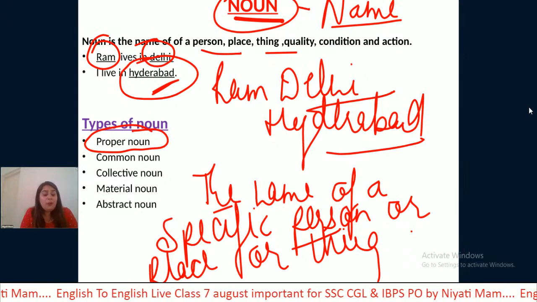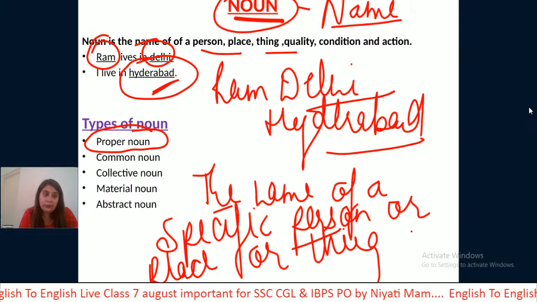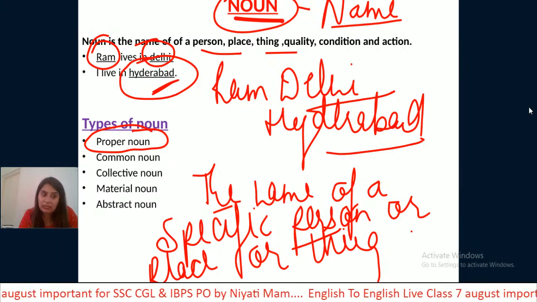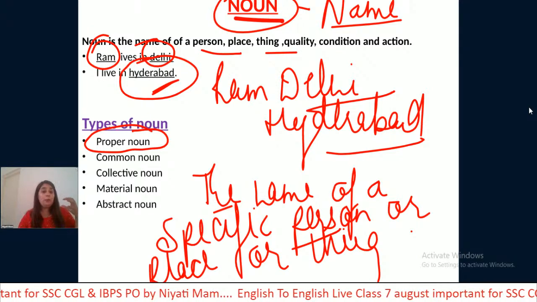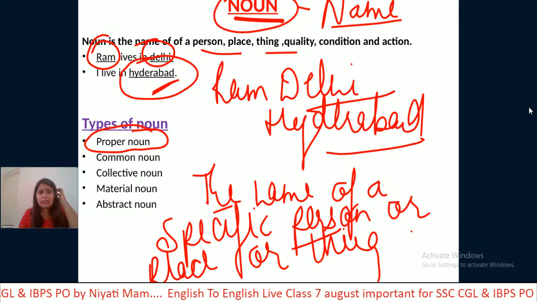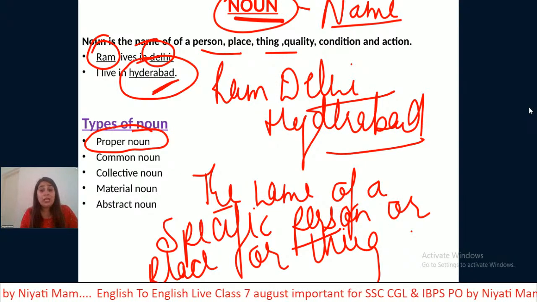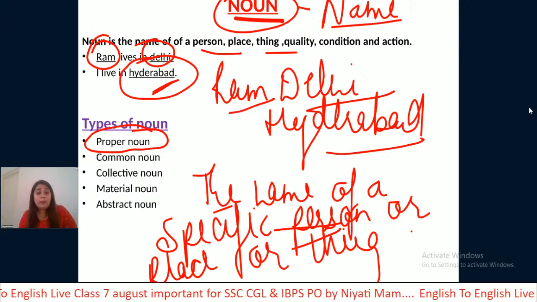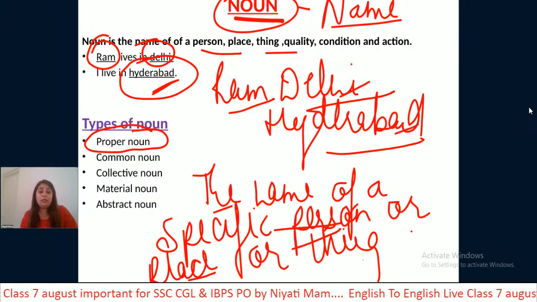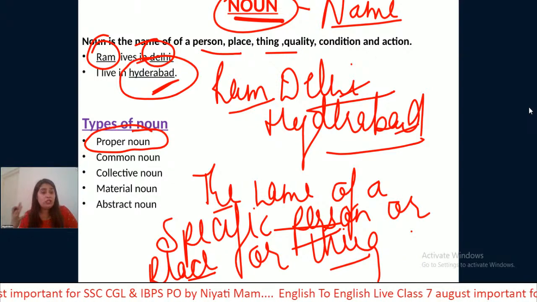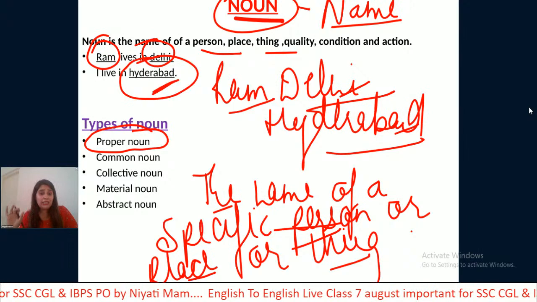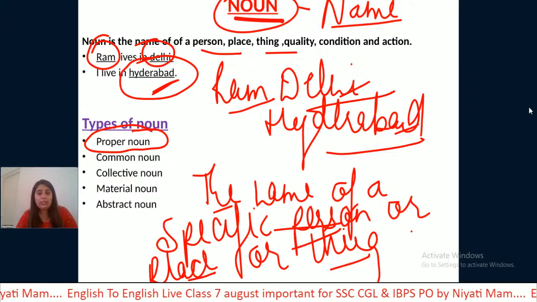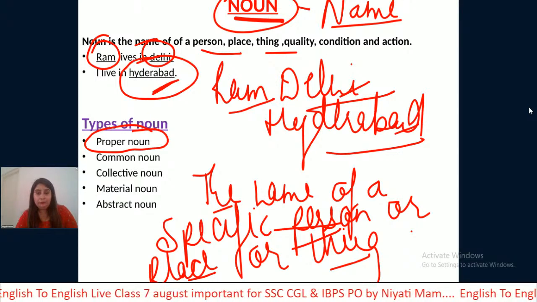For example, if I say I visited Ranthambore last year, Ranthambore is a particular place, but if I say I visited a city last year, this is not a particular place. Any city can be there, right? So when I talk about a specific person like Ram, a specific place like Delhi, Hyderabad, or a specific thing like an LG refrigerator, then these words are known as proper noun.